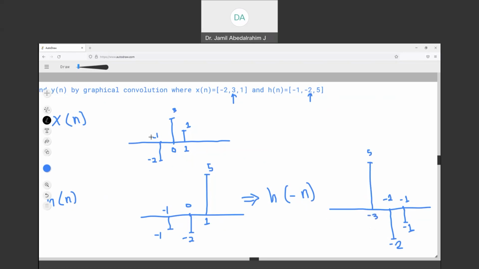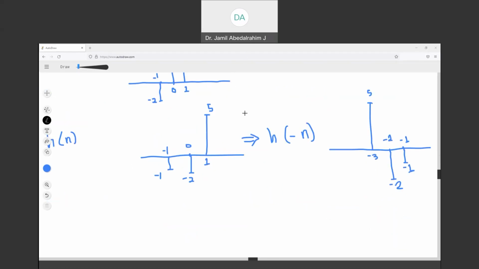Okay, so first step we draw x of n, then h of n, then we find the h of -n. Okay, so now we can start with the multiplication.